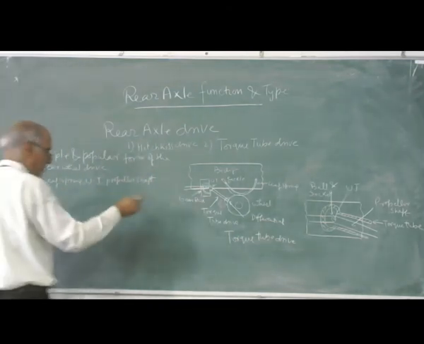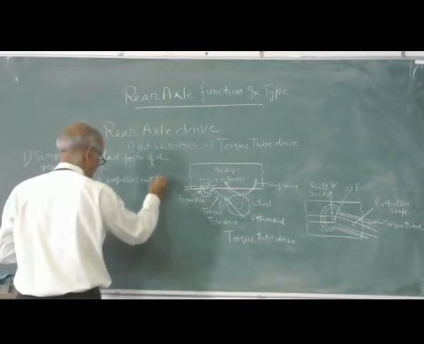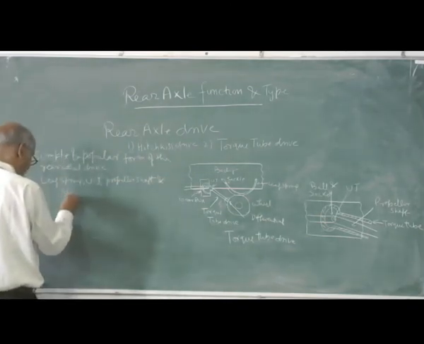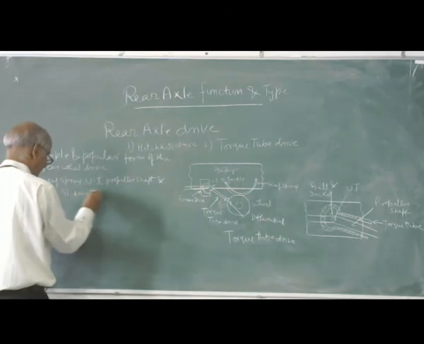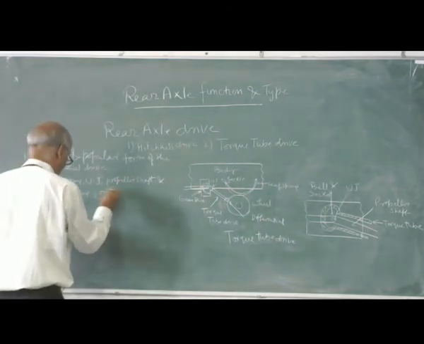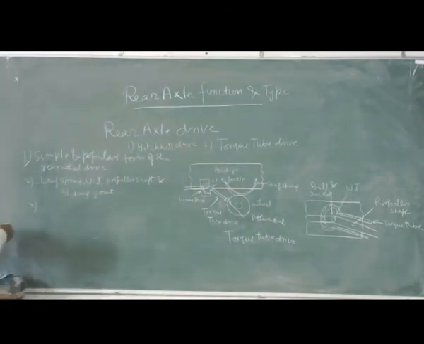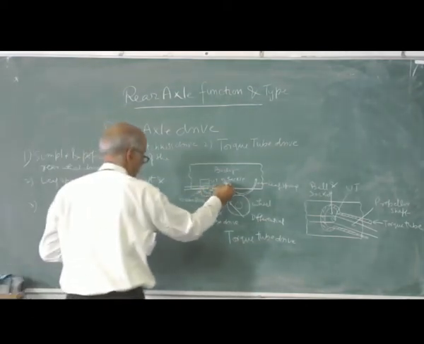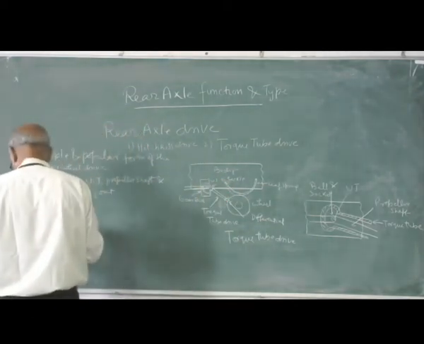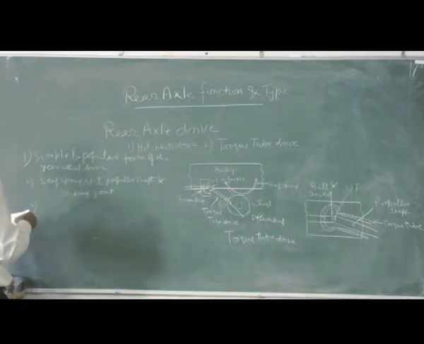Sliding joint also I have explained you. Then the third one, leaf spring are bolted rigid to the rear axle casing at the middle. Of course, leaf spring is bolted over here with the help of clips. It is known.